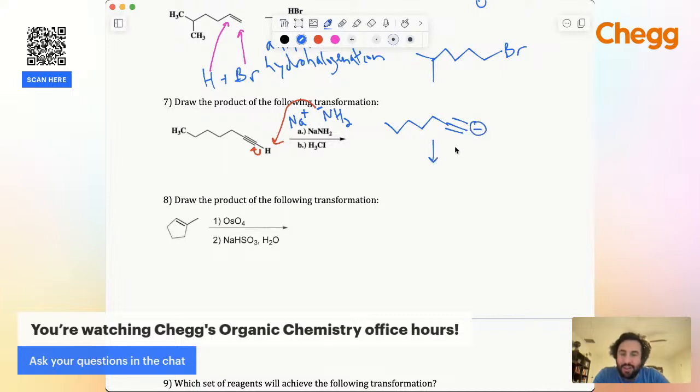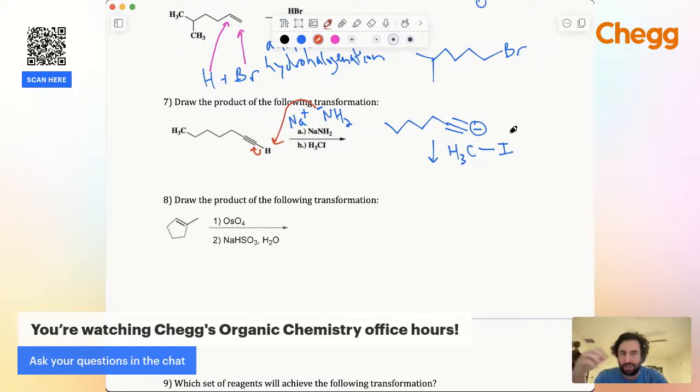And now what is adding after that? We have H3CI. We have methyl iodide. Actually, let me go ahead and explicitly draw out that bond. Now these alkynyl anions are excellent SN2 nucleophiles. They are negatively charged, but they're very linear and bullet shaped.